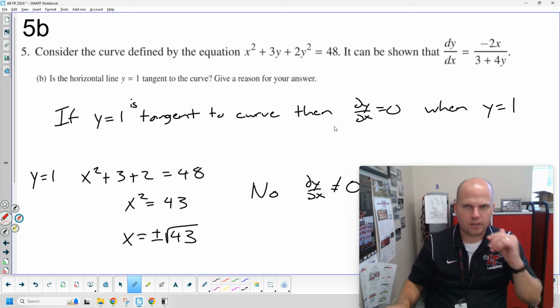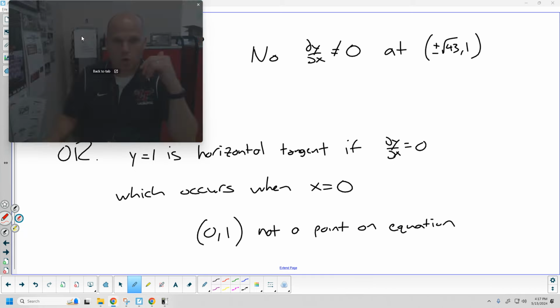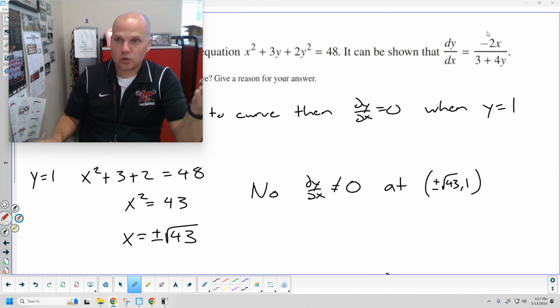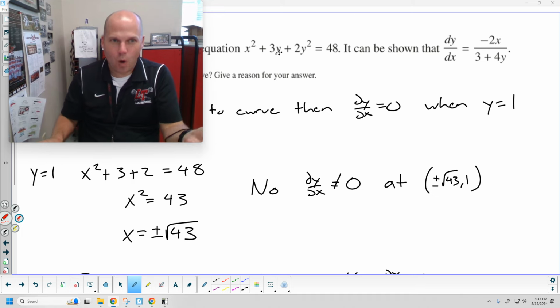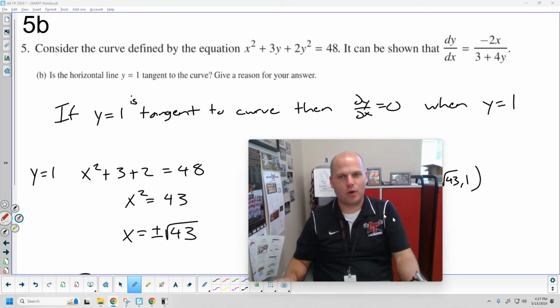So that's one thing I could have done. The other thing I said is, if y equals 1 is a horizontal tangent, dy dx equals 0, well, that occurs when x equals 0. Okay, well, when x equals 0, I don't have a y coordinate that's 1. So I don't have y equals 1 passing through the point.